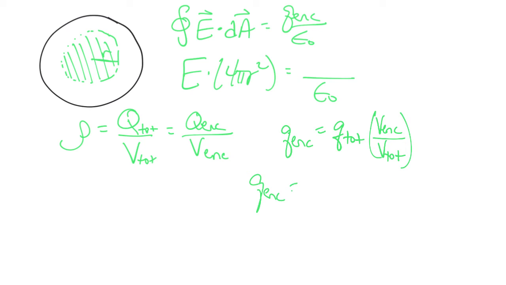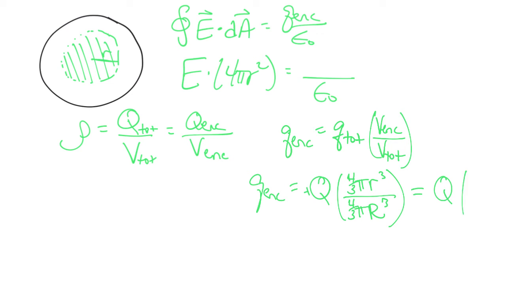So, this sphere has a positive charge Q, and the enclosed volume is with our little r for the Gaussian surface, and our total volume is with capital R. So we get that total Q, and as I mentioned in one of the other videos, when we do this ratio of volumes for spheres, we get this ratio of r cubes. Okay.